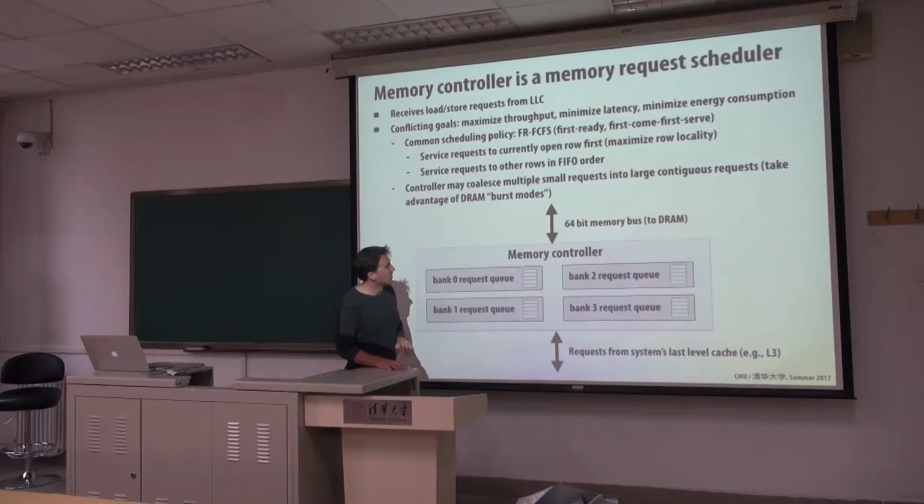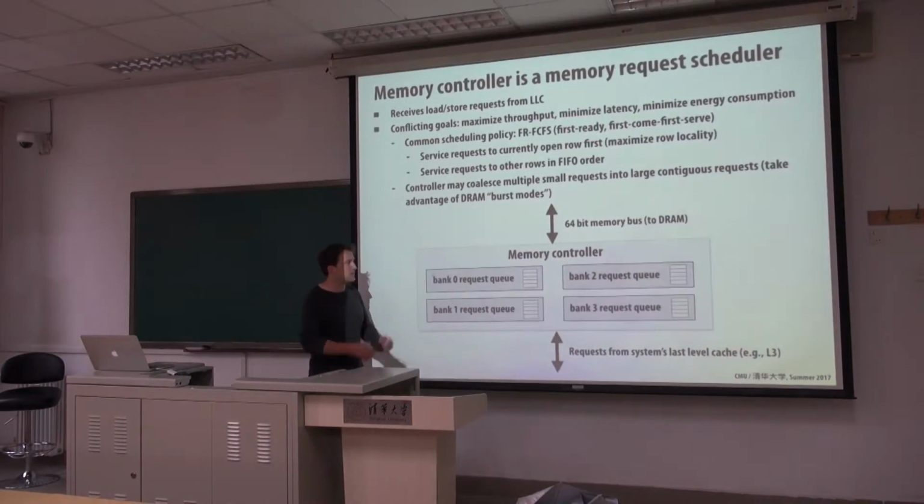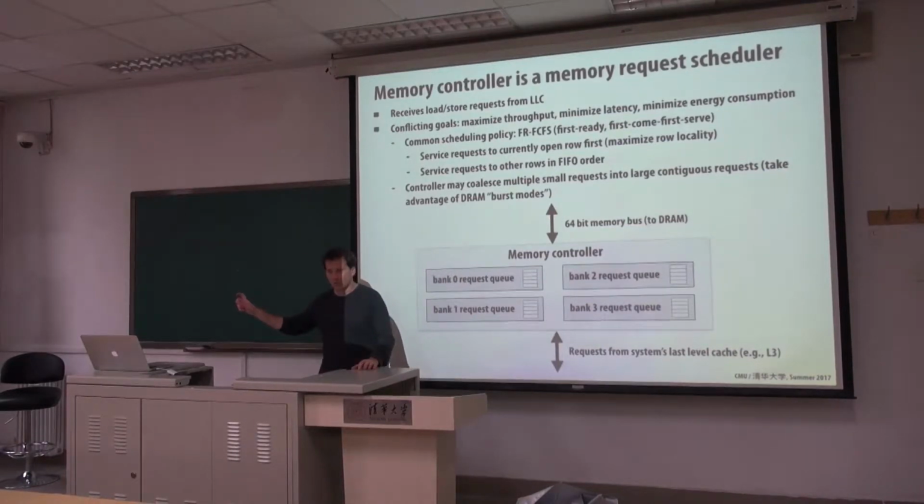And the memory controller is actually pretty sophisticated, because it sees all of these requests from the processor, and it knows what state DRAM is in. First of all, it translates address X to row, bank, column.